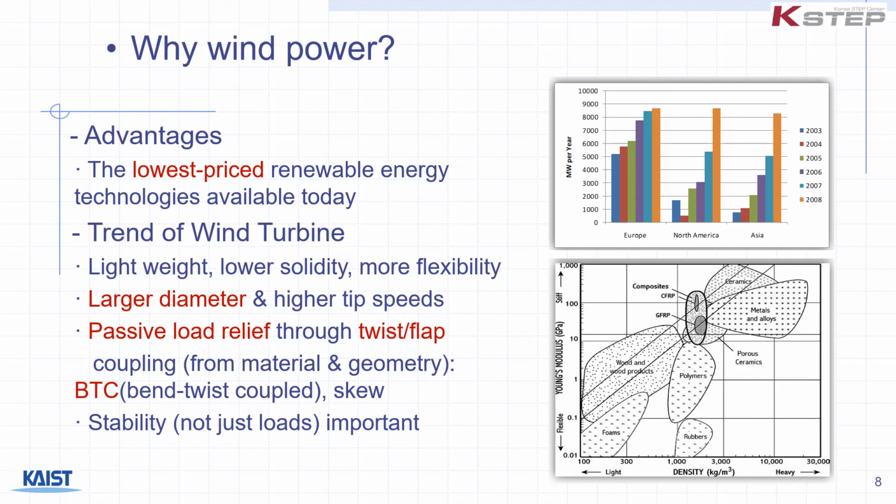And the trend of wind turbines: lightweight, low solidity and flexibility, but as I pointed out in red color, the diameter is increasing so that the tip speed is big. Right? If you imagine a blade of diameter 100 meter, the rotational speed, the angular speed, should be the same on the hub side and root side and tip side.